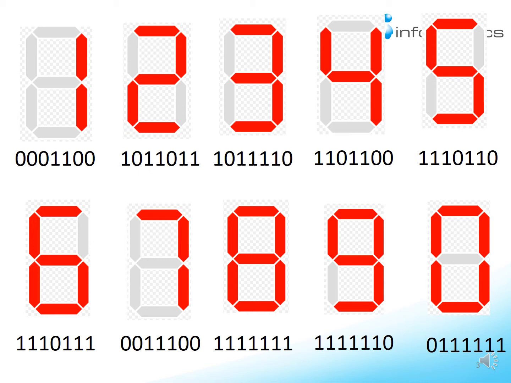For example, 1 is represented as 0001100. 2 is represented as 1011011. 3 is represented as 1011110, and so on and so forth.